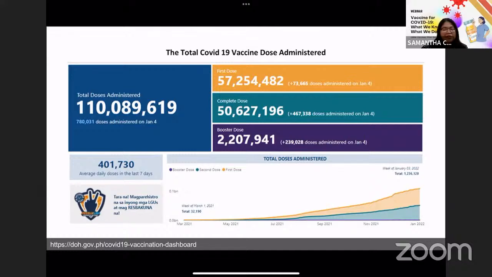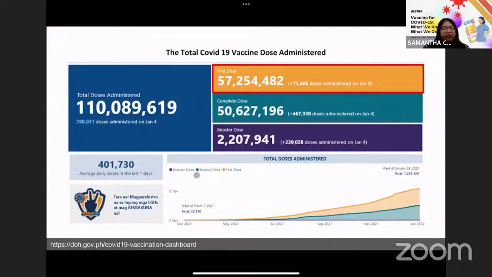So now let us know the total COVID-19 vaccine doses administered here in the Philippines. As presented on the screen, 57,254,482 people already have received their first dose here in our country. Secondly, we have 50,627,196 who received their second dose, which would indicate that they are already fully vaccinated.